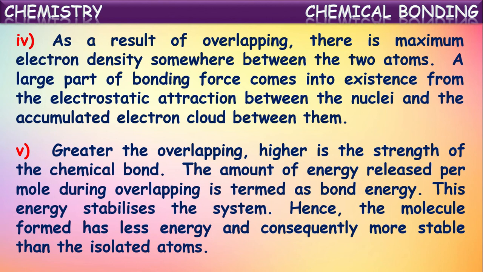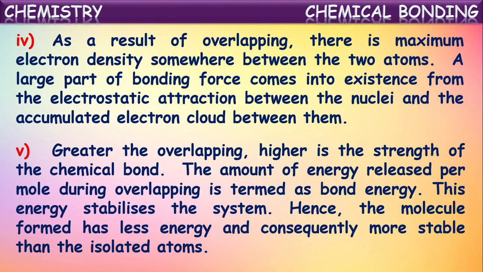The amount of energy released per mole during overlapping is termed as bond energy or bond enthalpy. So we know when a bond is formed, the molecule will be with the minimum energy, which means it releases a certain amount of energy out. That amount of energy released while a bond is formed is called bond energy or bond enthalpy.